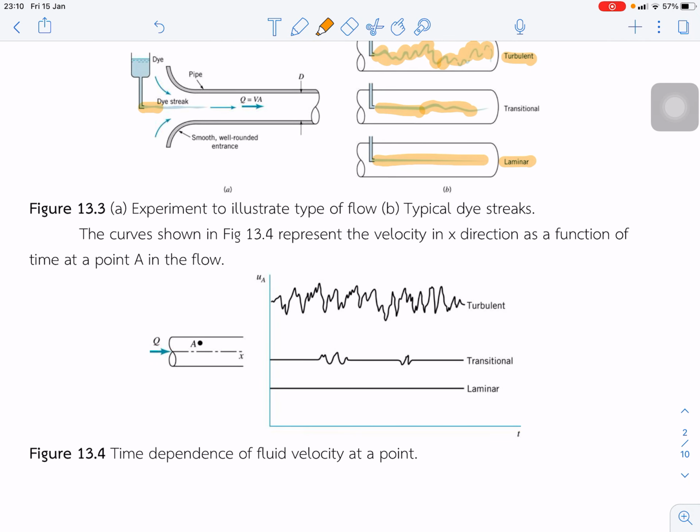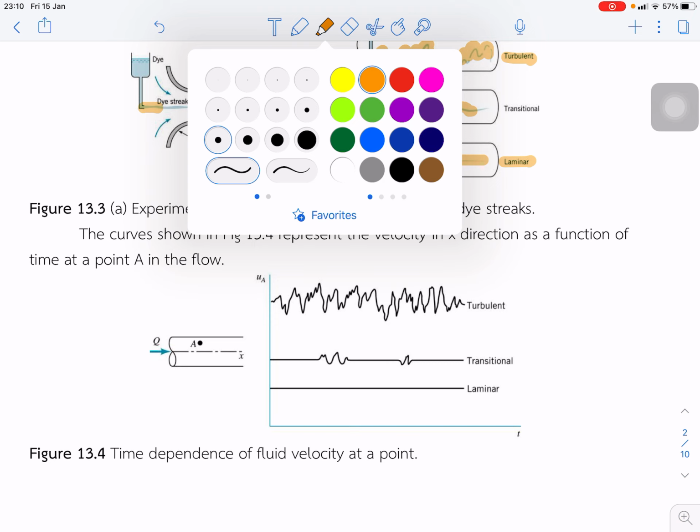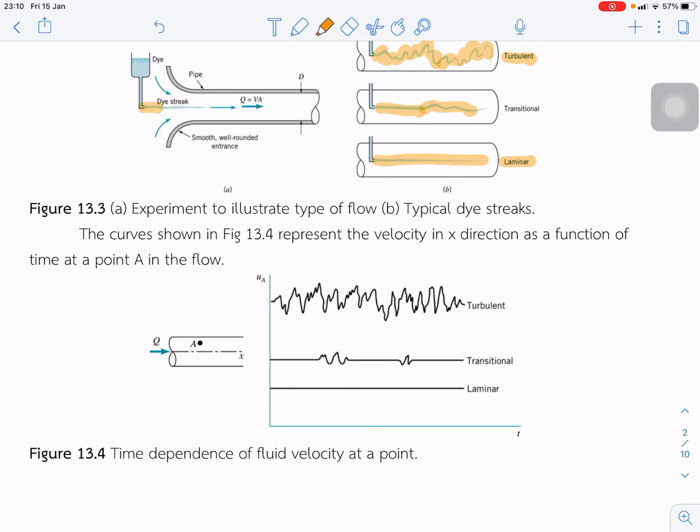And one thing we can do is an experiment. In this figure there is this point A. We measure the velocity at point A. If the velocity versus time is like this, we call it laminar. It means the velocity is constant as time increases. But if there is some fluctuation, we call it transition.